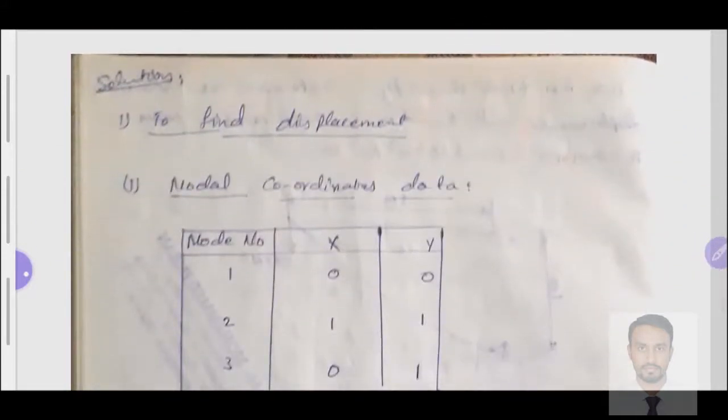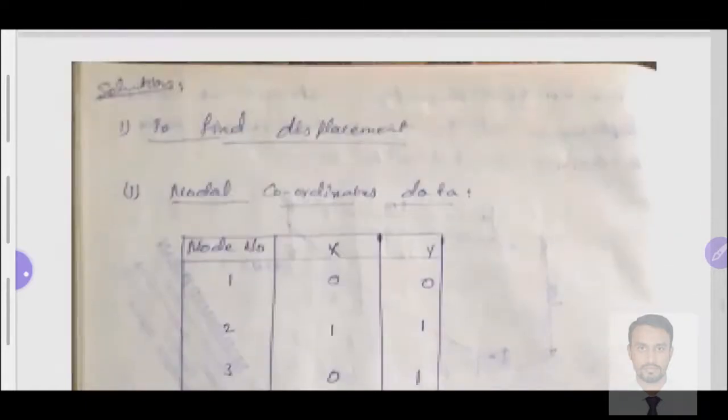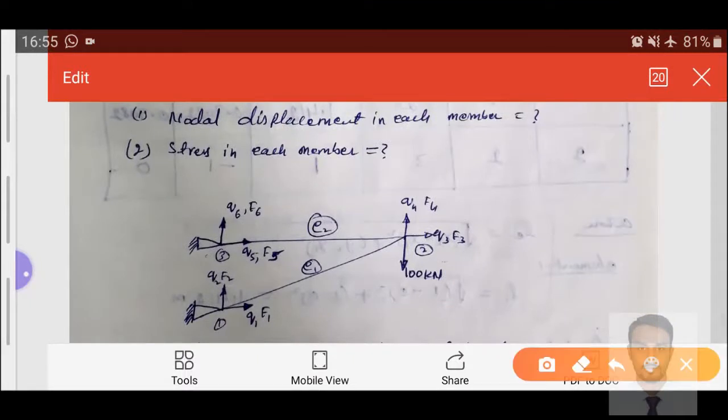After getting the FE model, all the nodal data and the elemental data we need to find. Why? Because the elemental stiffness matrix contains a combination of direction cosine, area of cross section, Young's modulus and length, right? So we need to find out the length of the element. See here, we don't know the value of the length of this element.